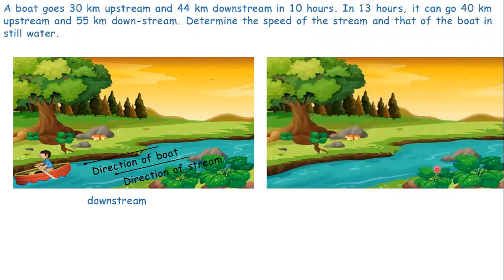This is called downstream movement of the boat. Observe one more. See here, there is a stream. This is the flow of water, direction of flow of water. Water flows in this direction. This is the direction of stream. Now there is a boat here.